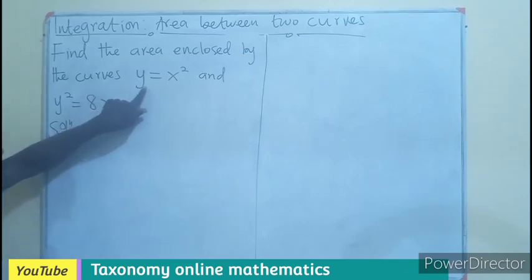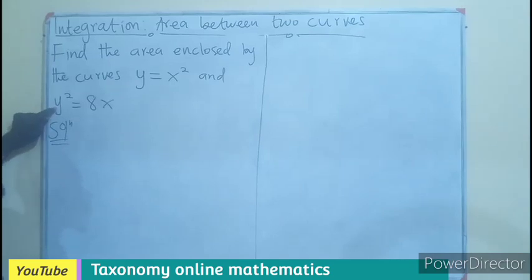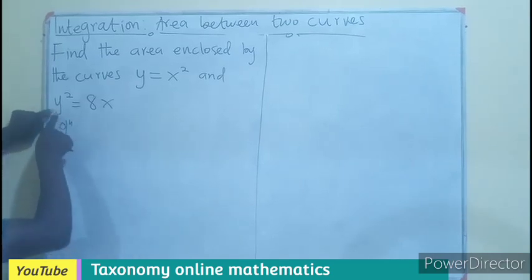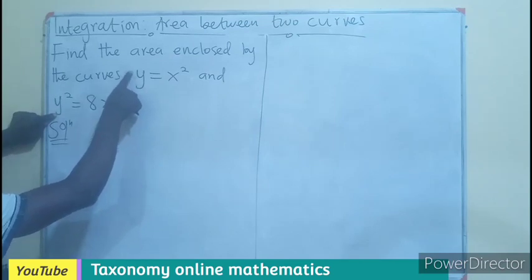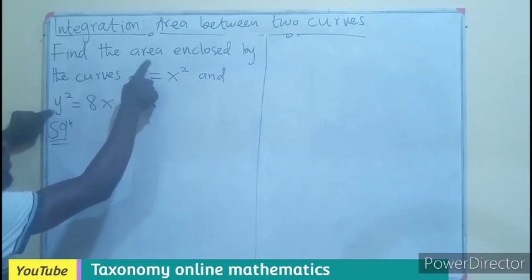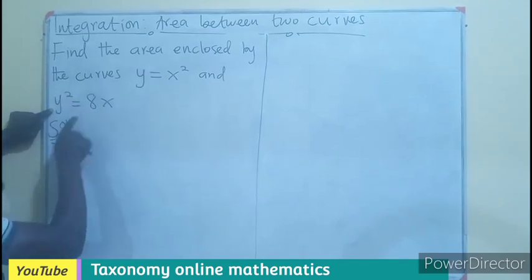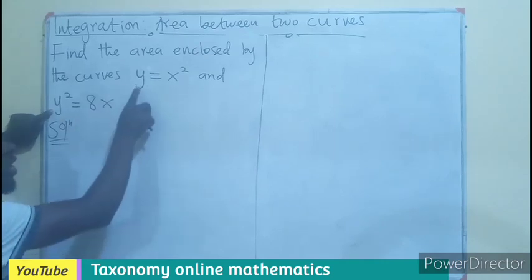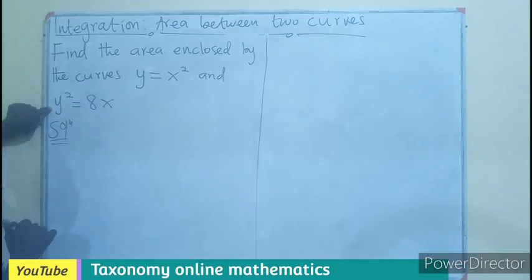So we are going to have, first, y is equal to x squared. Here is y squared. For us to have the same y, either we square this to make it y squared, or we find the root of this, and we know this is not a perfect square. So the best way is to square this y so that both are y squared.